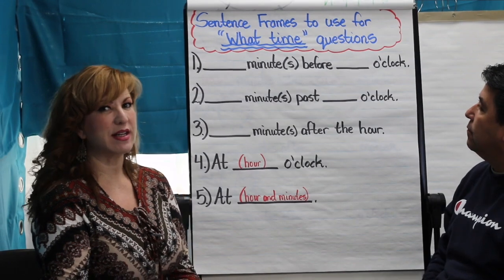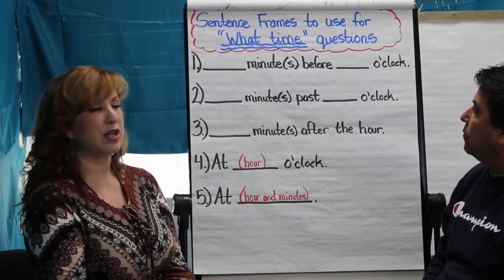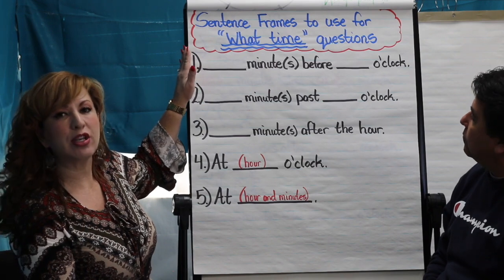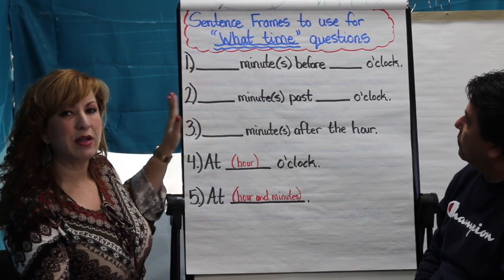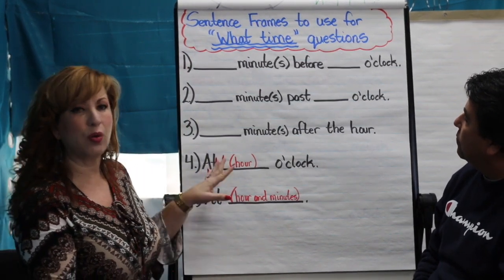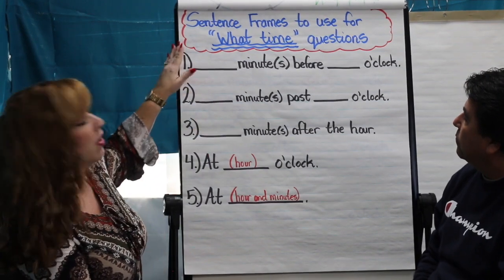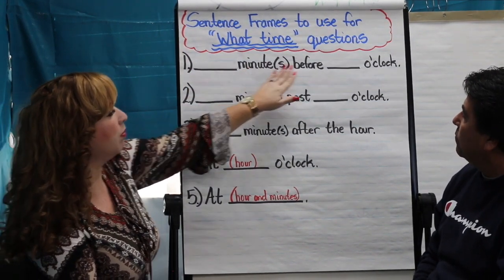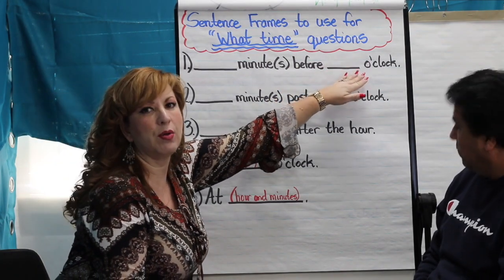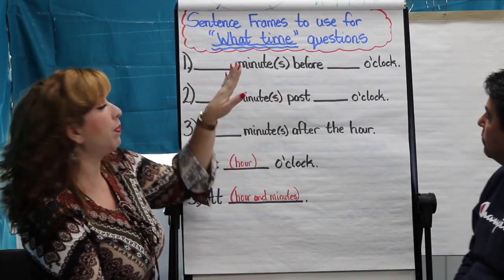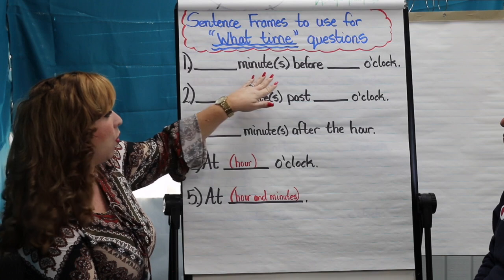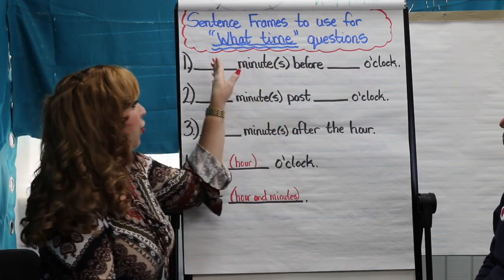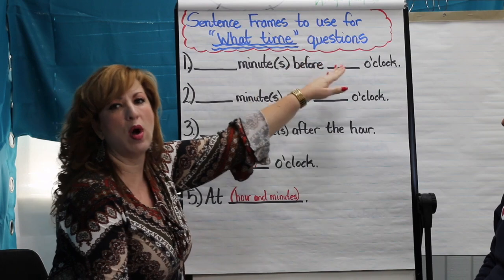We have some sentence frames that you can use in order to tell time. So in these sentence frames, you'll be able to tell any time during the day on a clock or a watch. So for example, the first sentence frame, we would put how many minutes before a certain hour, which would be, for example, 10 minutes before 1 o'clock, or 3 minutes before 1 o'clock.